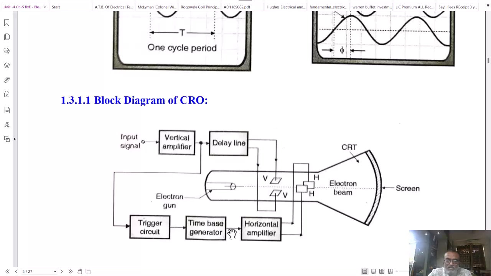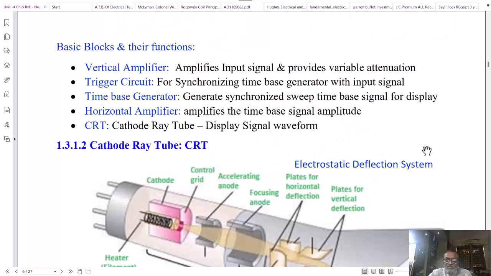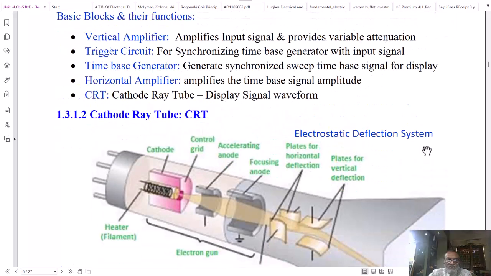The vertical deflection system and horizontal deflection system in combination are capable of moving the electron beam horizontally and vertically in proportion to the voltage applied to the vertical plates and horizontal plates, and thus it will trace the signal on the screen of the oscilloscope.